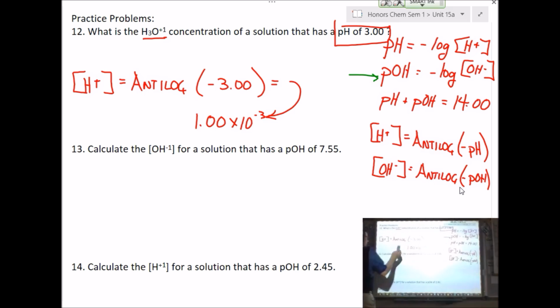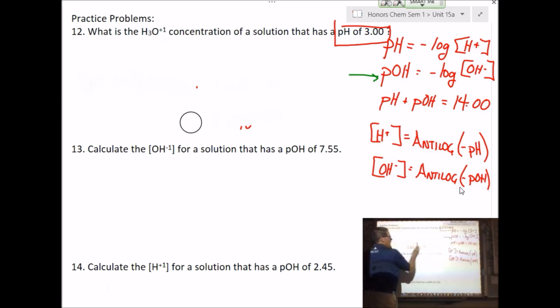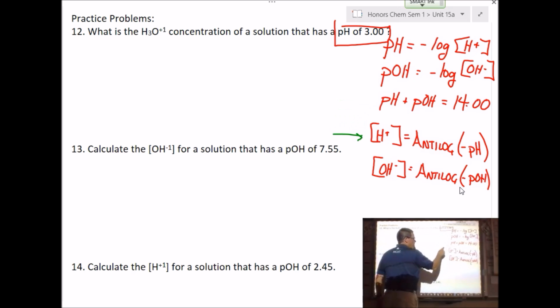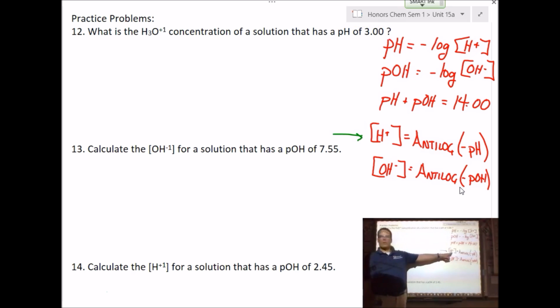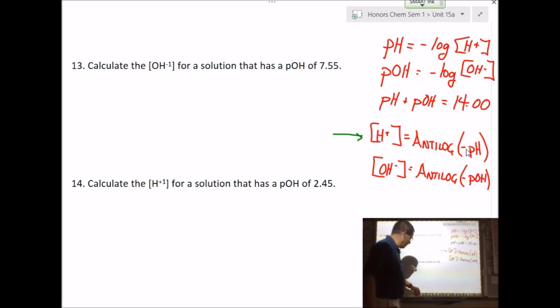All right, let's take a look at number 13. Yeah, so very good. So in this last problem, we just used that equation. And for hydroxide, same thing. Your process is similar. So we have hydroxide concentration, and we're given a pOH.